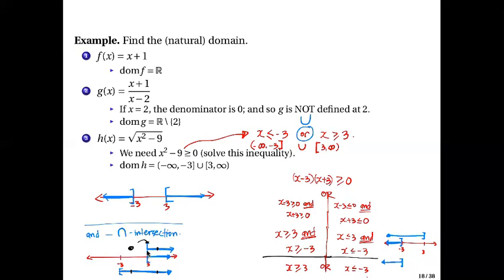So here, x greater than or equal to 3 and x greater than or equal to negative 3, what's common to them is that x is greater than or equal to 3. So, or means union, and means intersection. We will use this intersection now.